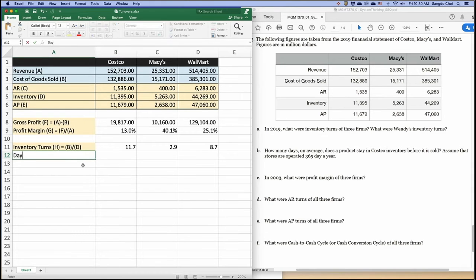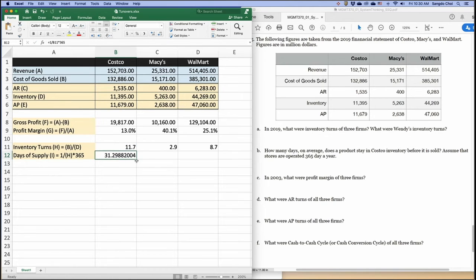Now we can compute days of supply. Days of supply is the reciprocal of inventory turnover. This is 1 over inventory turns, and we want to compute the daily unit, so you multiply by 365 days: 1 divided by this number, times 365 days.